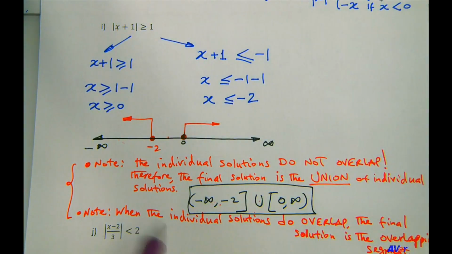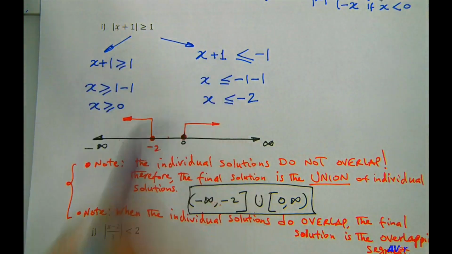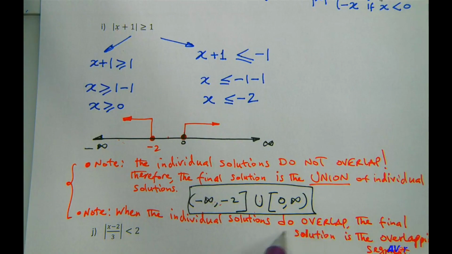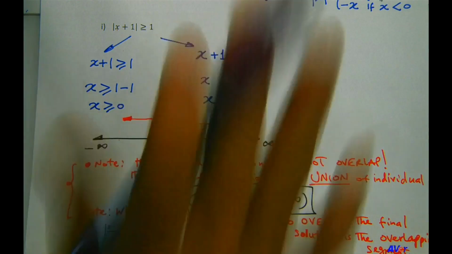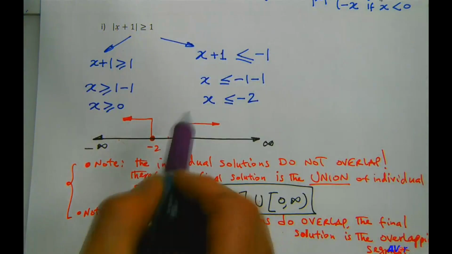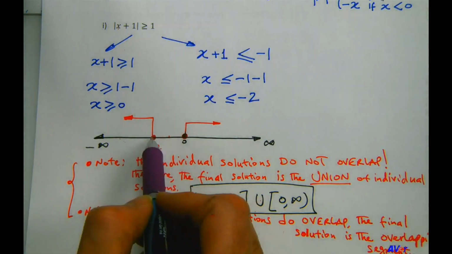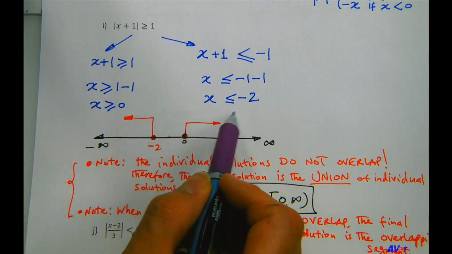But once you find the individual solutions, and they do overlap, then the final solution is only the overlapping piece. What I mean is, just for the sake of making this clear, suppose this arrow went this way and this arrow went that way.